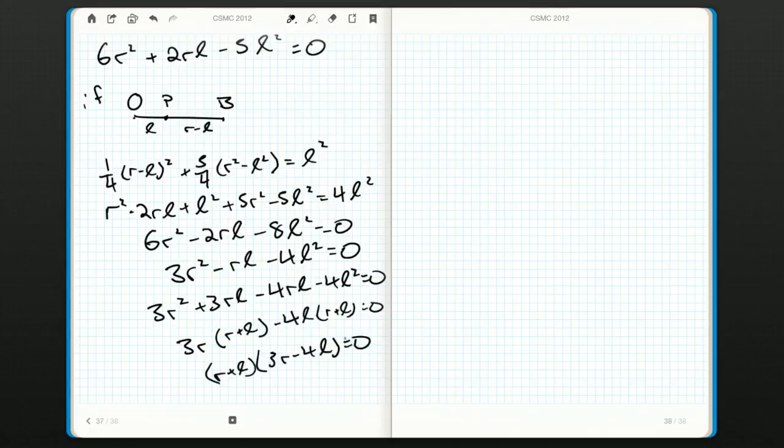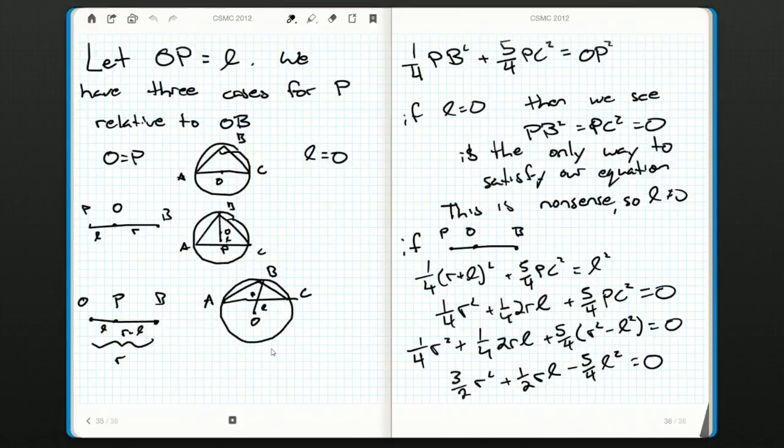And now this one at the top, is there any way I can fix that? Oh, okay.